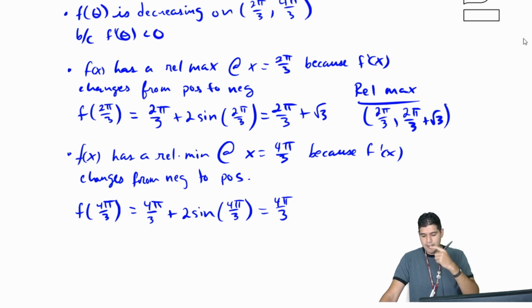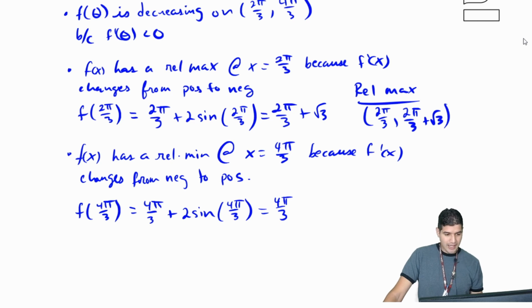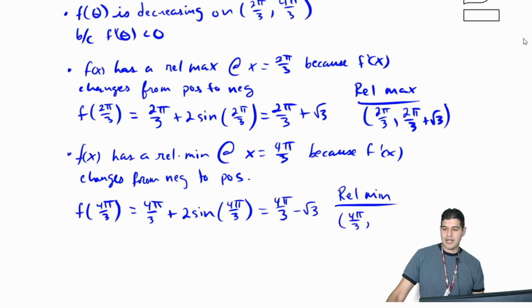We're going to multiply that by 2 and I'm going to get minus square root of 3. So what happens is that we found that the coordinates for our relative minimum here are going to be 4 pi over 3, comma, the expression that we just found, 4 pi over 3 minus the square root of 3, just like that.